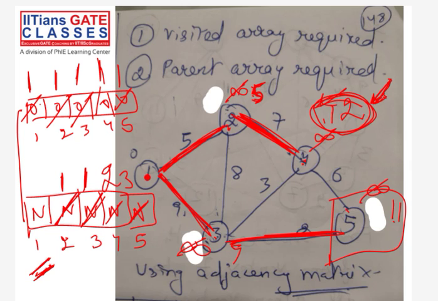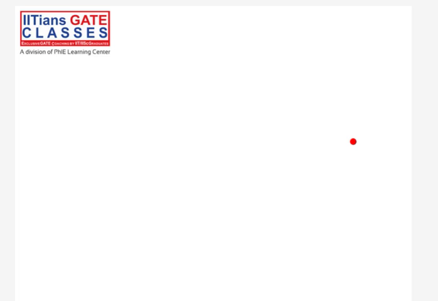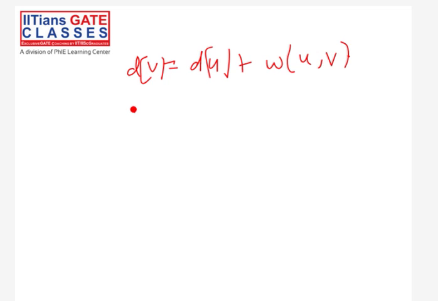Otherwise we'll lose track of which edge was used to modify this cost value. Is this point clear? Something like this will happen in the code. When you do d of v is equal to d of u plus weight of u comma v, you say the parent of v is nothing but u. Is this clear?